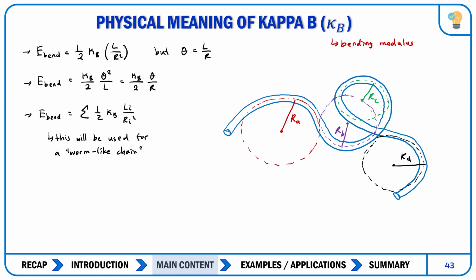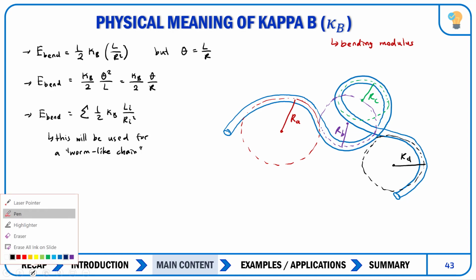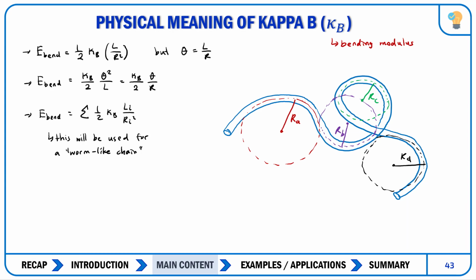So you have all these different bends in your worm-like chain. And so if you want to calculate the energy of bending, then you would use the summation of all of the contributions coming from each of these circles.